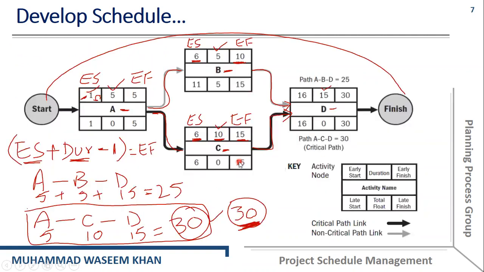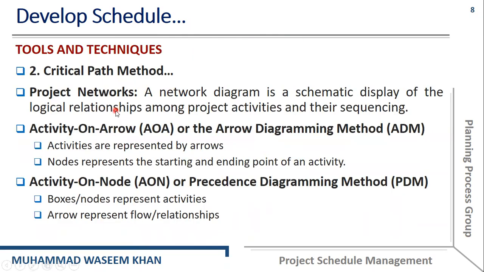So this method is actually the PDM method or activity on node method because the nodes represent activities. So there are two different project networks we can have. That is activity on arrow diagramming method. In activity on arrow, activities are represented by arrows, and nodes represent just starting and ending points of activity.